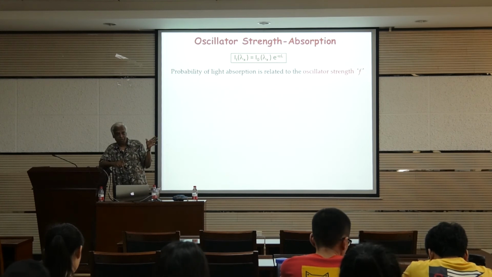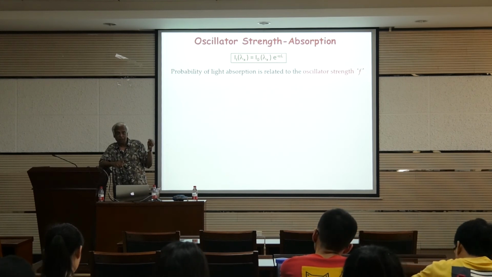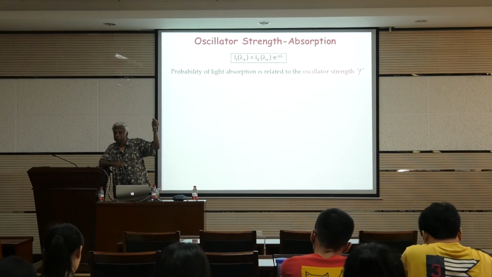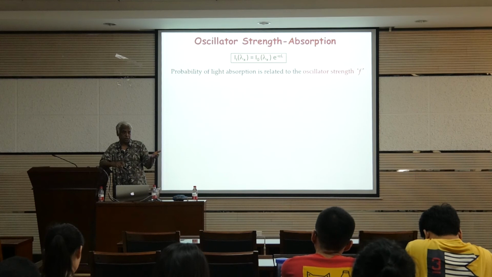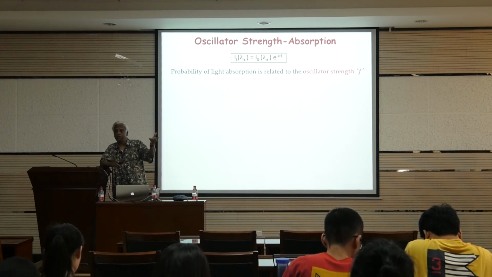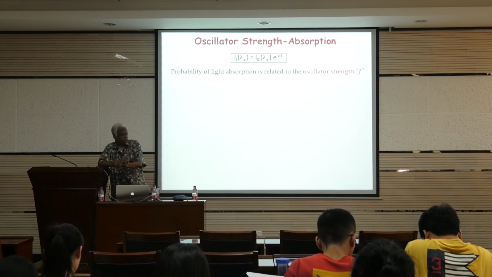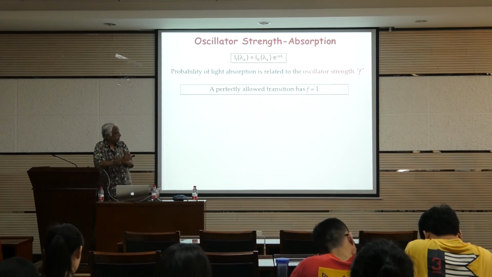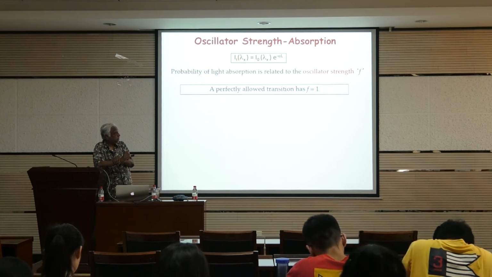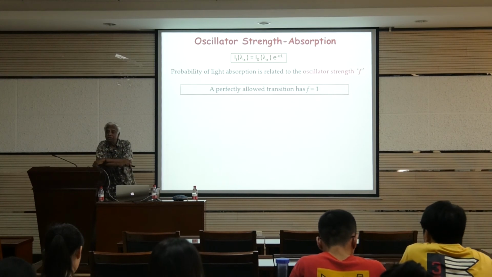But that is not sufficient, because the electron will have to find a way to go from this orbital to another orbital. Whether it can find a way will depend upon the two orbitals that are involved in the transition. That is called oscillator strength. Whether a transition is allowed or forbidden is controlled by a factor called oscillator strength.